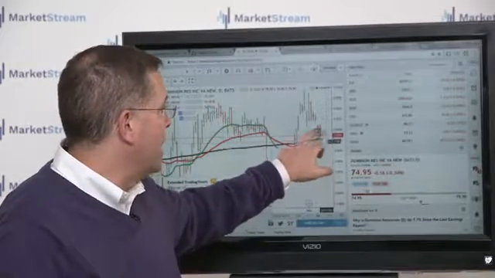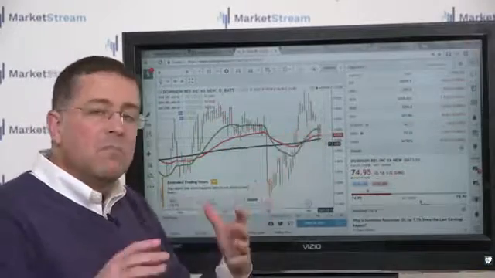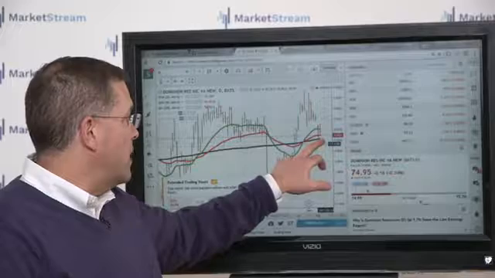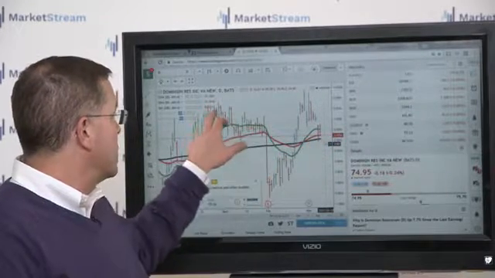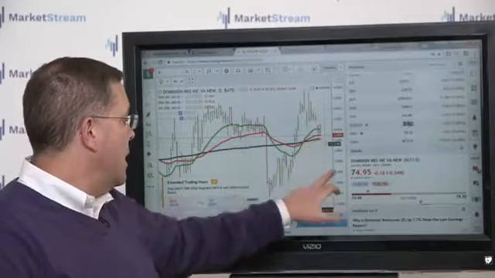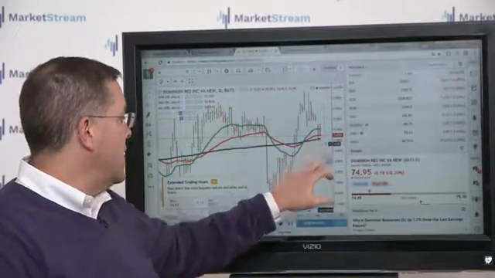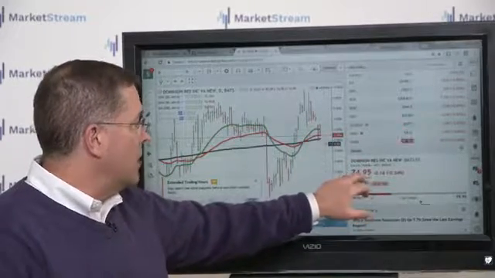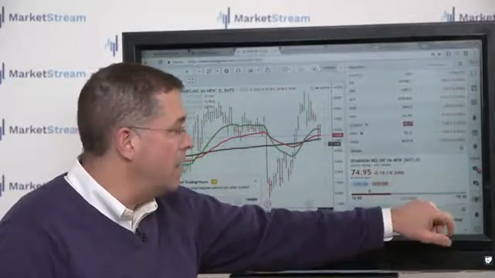This right here is the battleground for any bull in Dominion. This is kind of giving me some thought that I might get bearish here, especially if it breaks that 50-day moving average. Then the 200-day moving average at 74.72 comes into play, and you could see a new trend develop if it breaks all three of these and with conviction. So with that being said, the stock trading down at 74.95, it has come off of its best levels of 75.70.